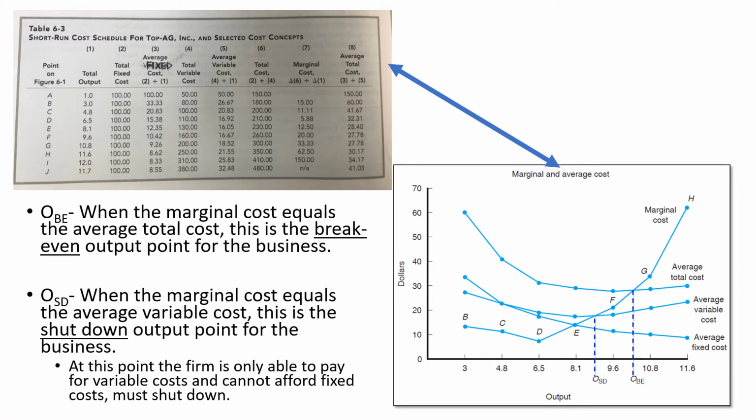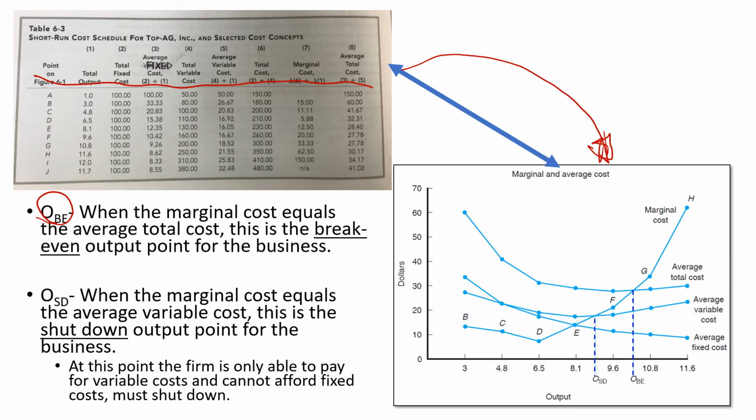The data on this chart, so this is all of the data that we just looked at, can be put into a graph. And when we put that data into a graph, we can start to identify where the break-even point for a business would be, when they're basically making the same amount of money that they are bringing in.